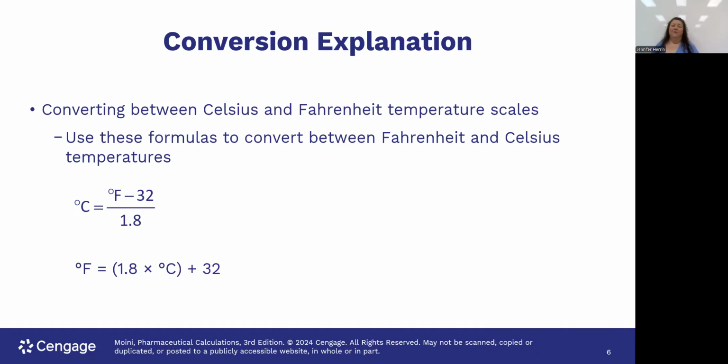So these are the formulas to convert between Fahrenheit and Celsius. The temperature to solve for Celsius, when we are provided the degrees Fahrenheit, is Celsius equals the degrees in Fahrenheit minus 32, divided by 1.8. If we are given the temperature in Celsius and we need to calculate the temperature in Fahrenheit, then we will multiply 1.8 times that temperature in Celsius and add 32.